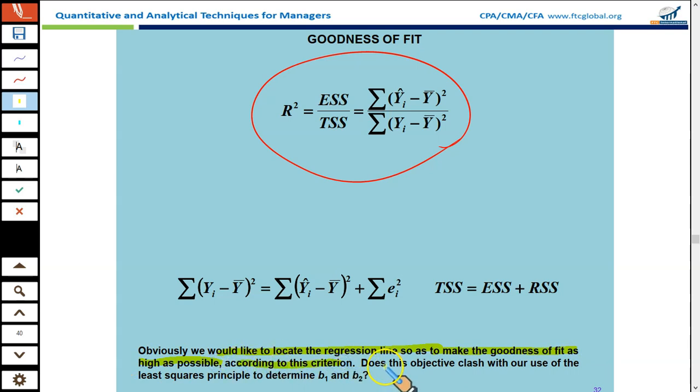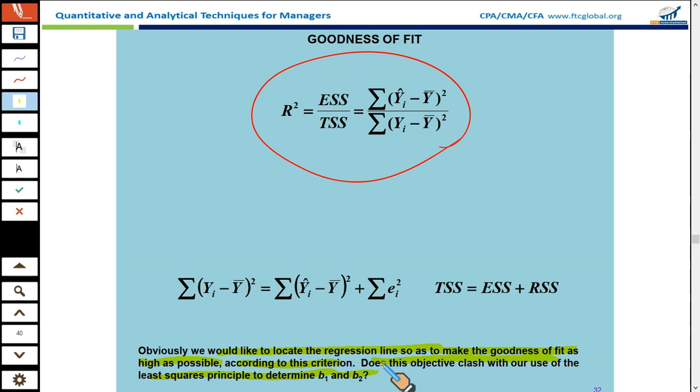The question is, does this objective clash with our use of least square principles to determine B1, B2? The answer is no. In fact, the least square approach directly supports this goal.